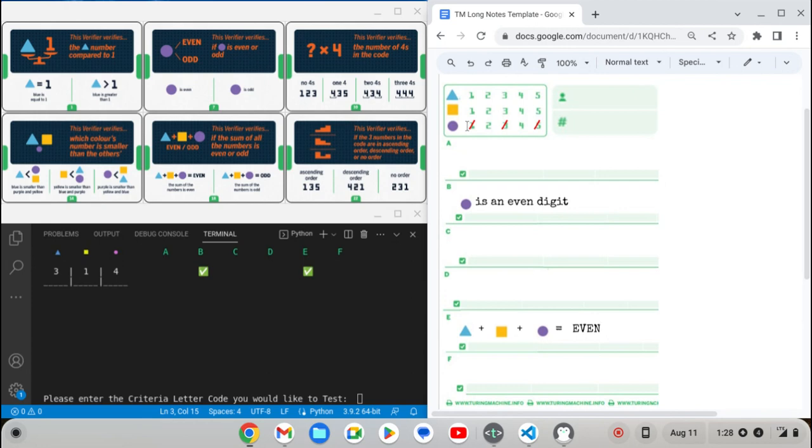They could be both different odds or the same odd. Let's see, what else? We also have criteria card A, which compares the triangle digit to 1. And we also have that digit, which tells us which is the absolute smallest.